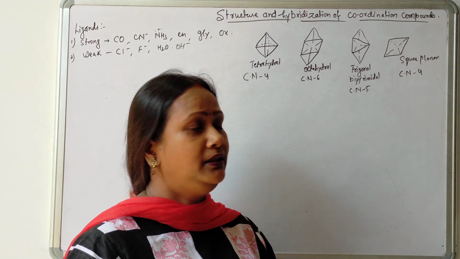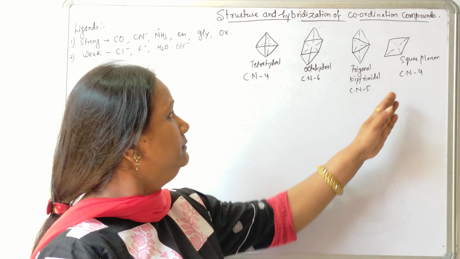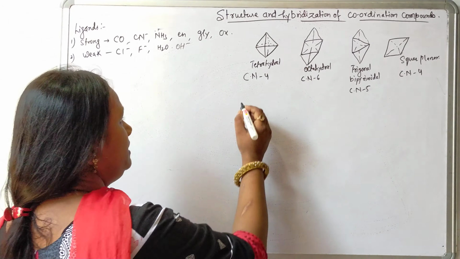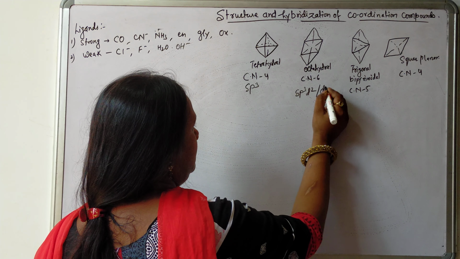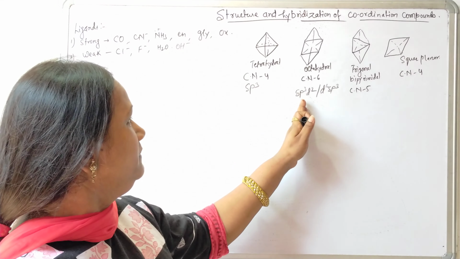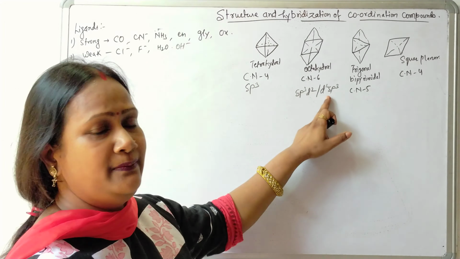When the coordination number is 4, the hybridization comes here: square planar and dsp2 hybridization. Here the hybridization is sp3. Here it will be sp3d2 or d2sp3. We will discuss very soon how it comes, sp3d2 and d2sp3.